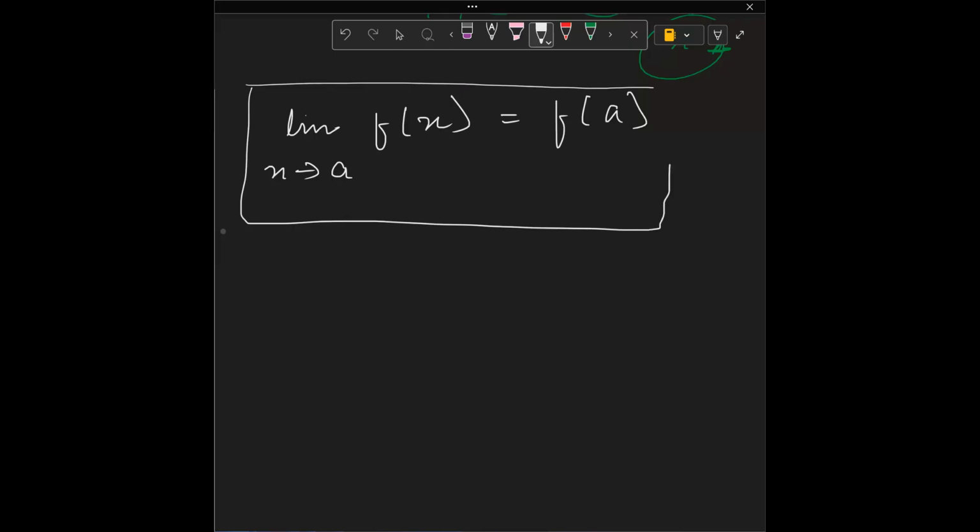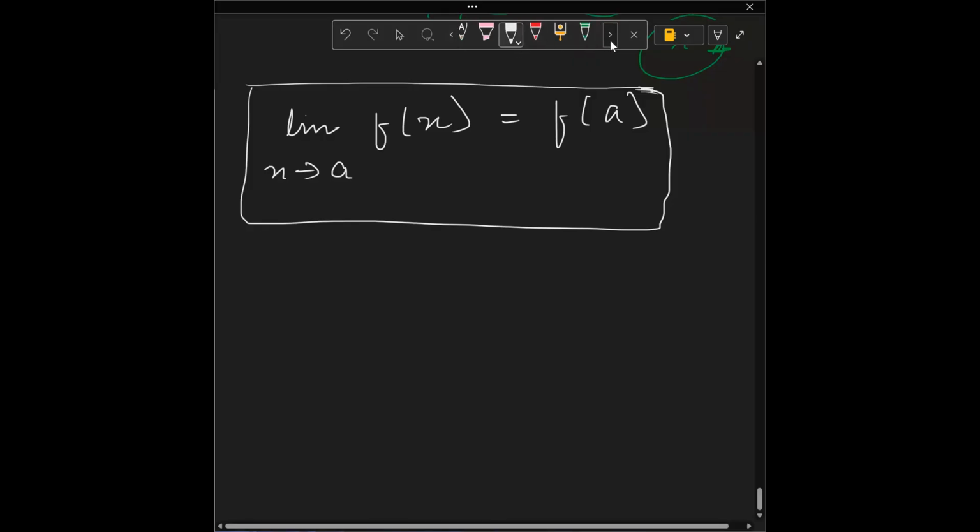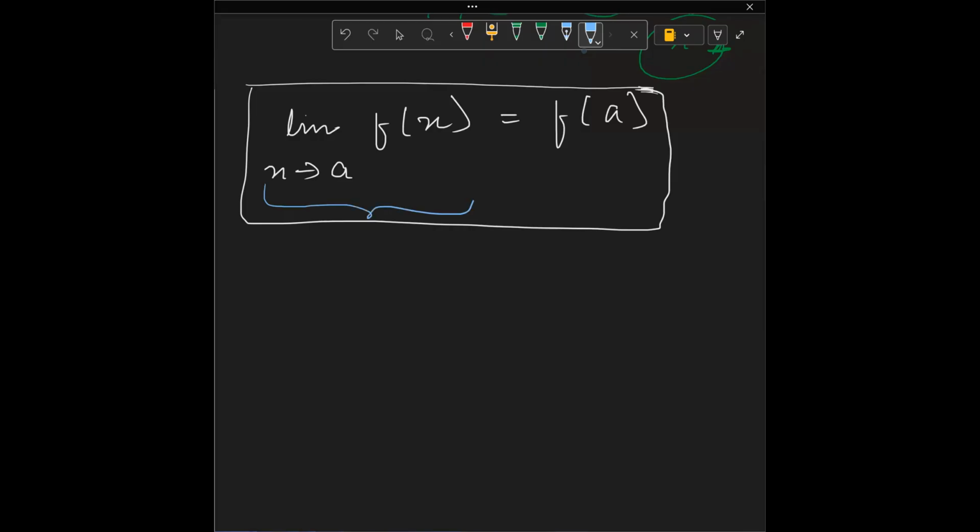But when you elaborate this part, it means your limit x tending to a minus f(x) should be equal to limit x tending to a plus f(x).